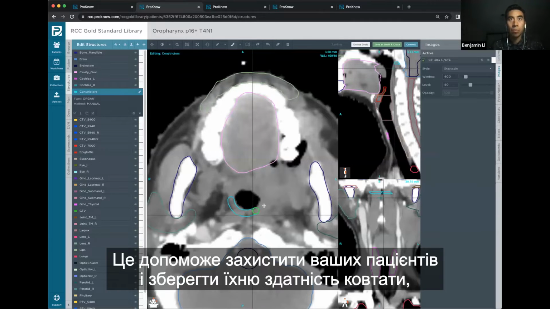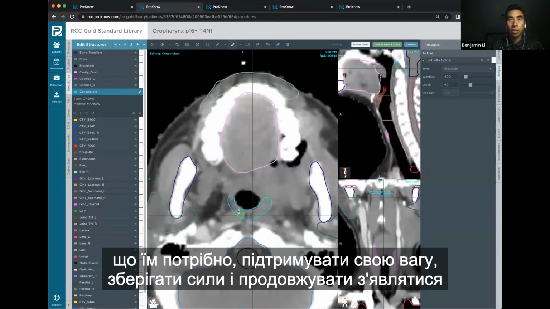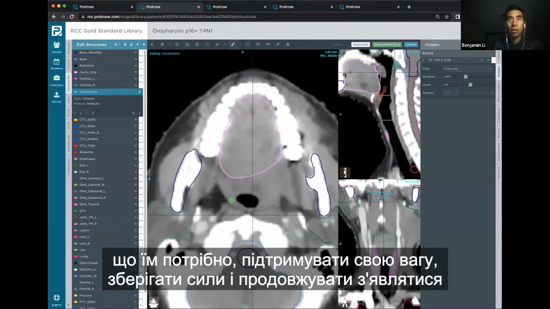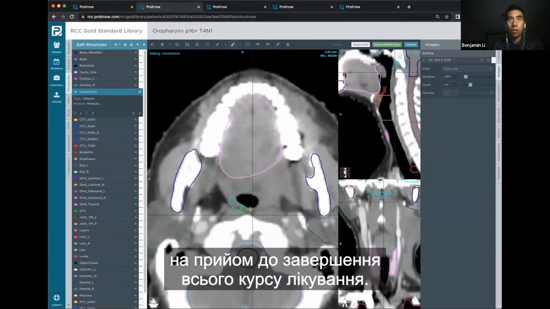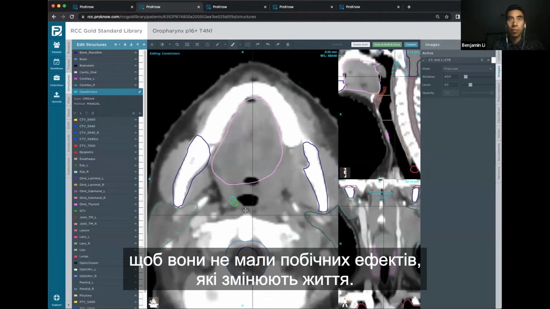Doing so will help protect your patients and preserve their ability for swallowing, which is very important during treatment so that they can continue to eat what they need to do, maintain their weight, keep their strength, and continue showing up to complete all of the treatment. And then afterwards, you want to prevent fibrosis of the muscles so that they don't have any life-changing side effects.